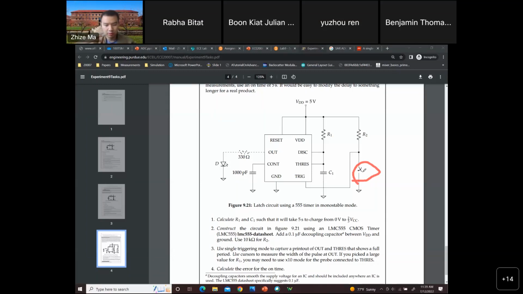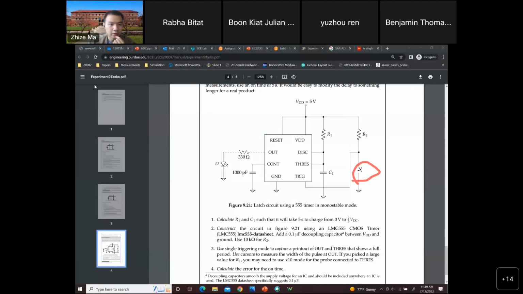So you want to plug in and plug out. If you use a jumper from your lab kit, you plug in to make it short to ground, and then plug out to make it open with ground. That's how the switch works.